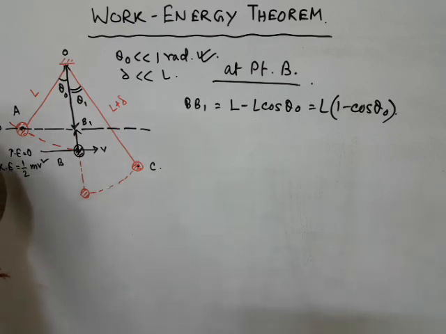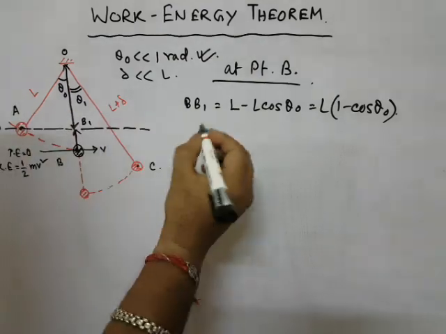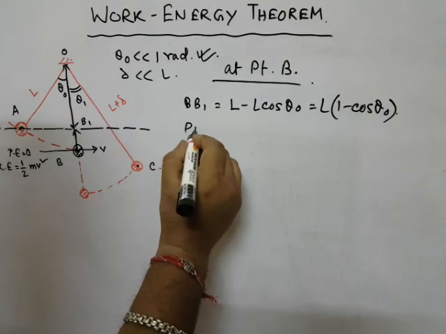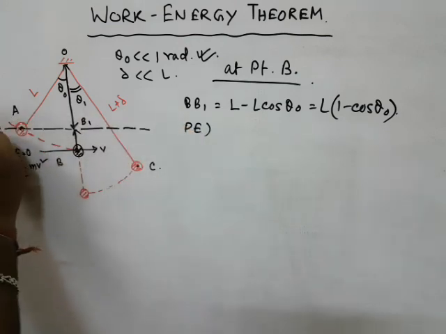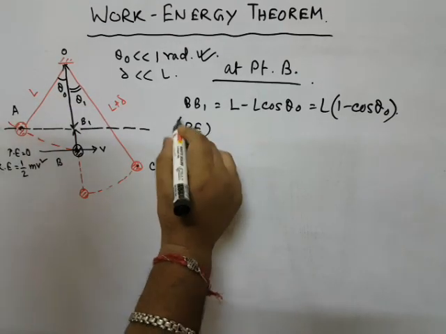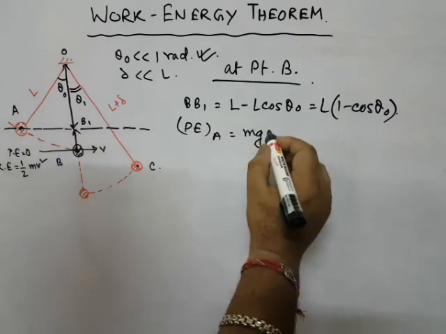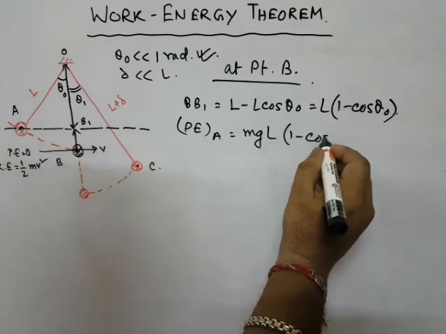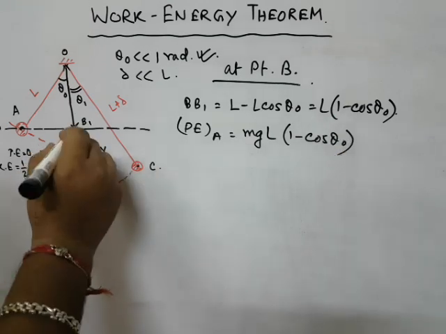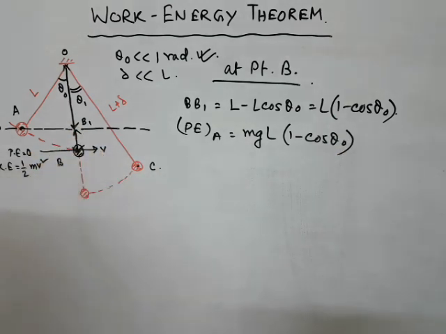And the potential energy at A will be mgL into 1 minus cos theta naught, so mg into this height BB1.